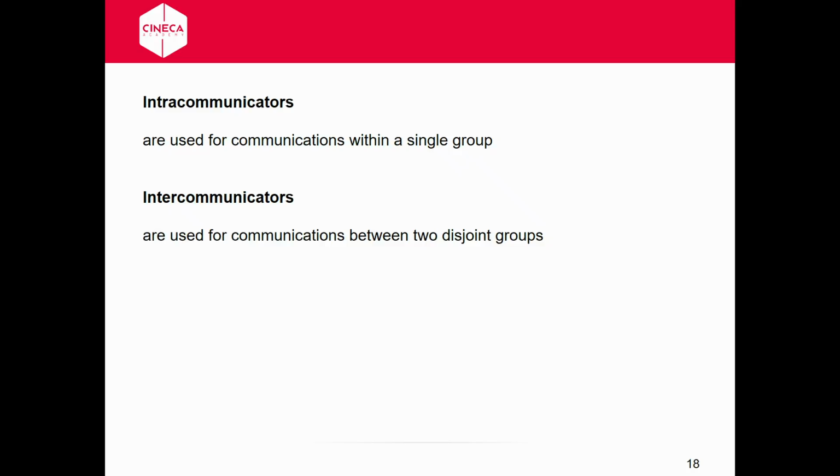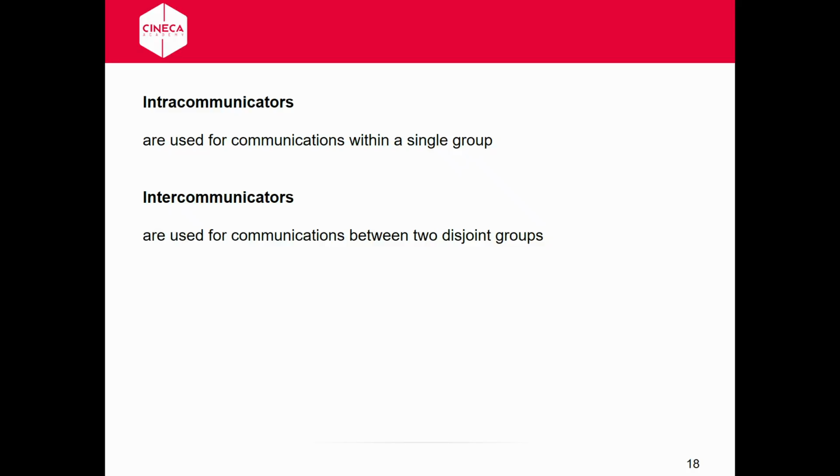For example, imagine that you have 5 processors: 2 on communicator A, 3 on communicator B, and in total 5 processes in MPI common world.